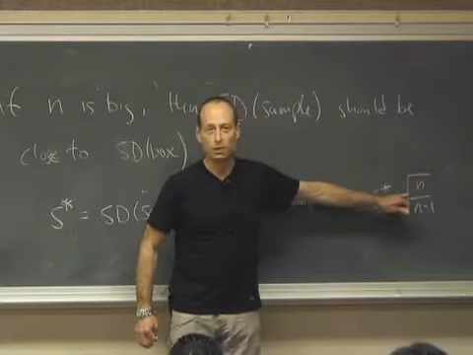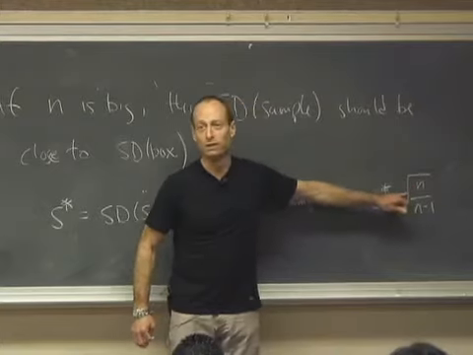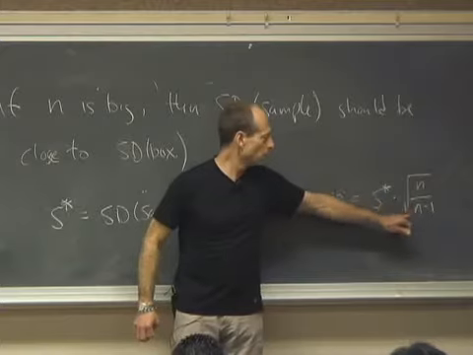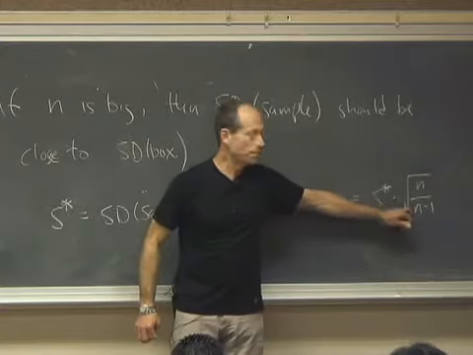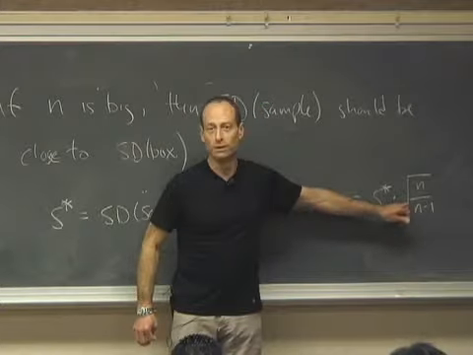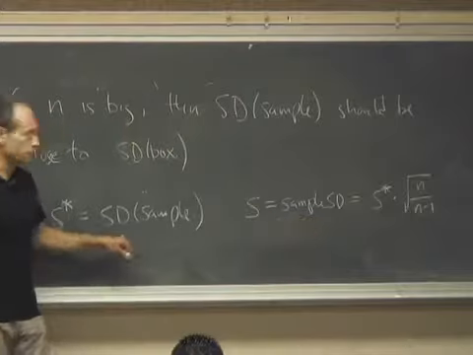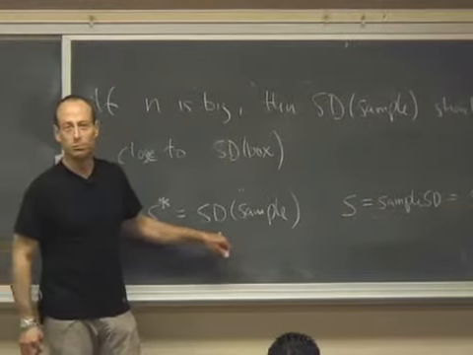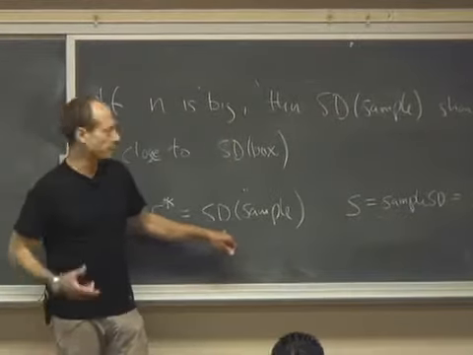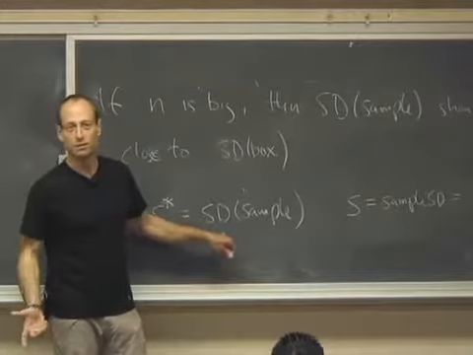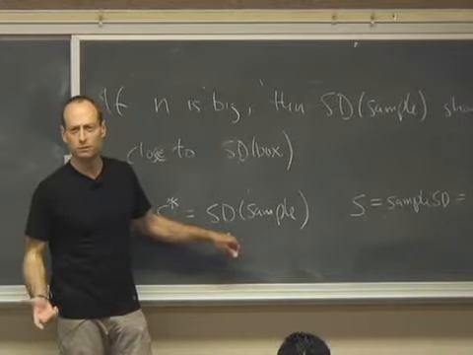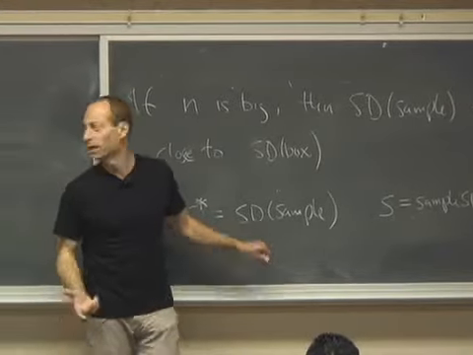The limit of this ratio as n goes to infinity is 1. If n is small, then this can be noticeably bigger than 1. So the sample standard deviation is bigger than the standard deviation of the sample by an amount that gets smaller the larger the sample is. So far, so good? Okay.